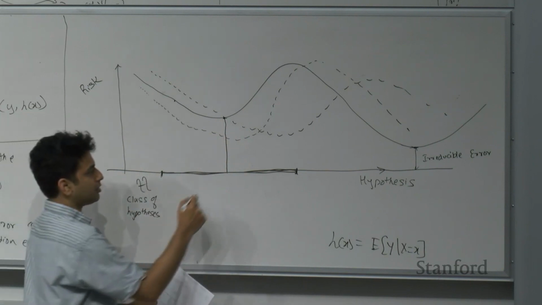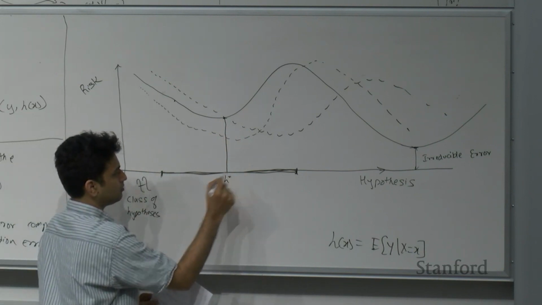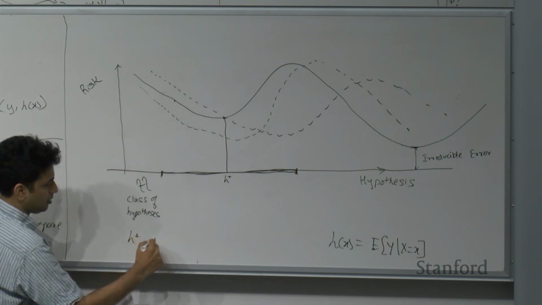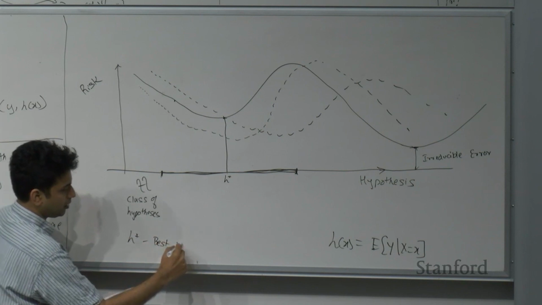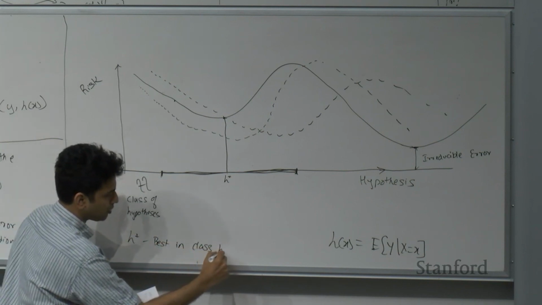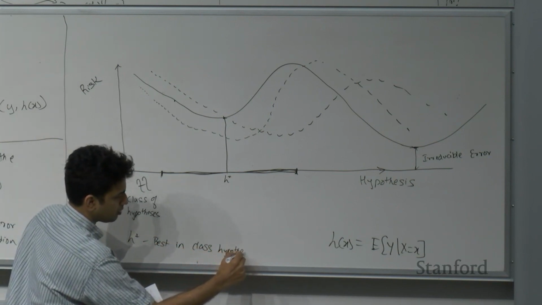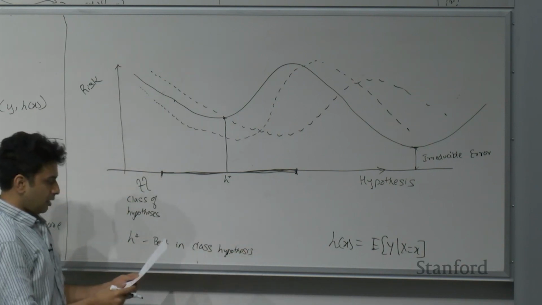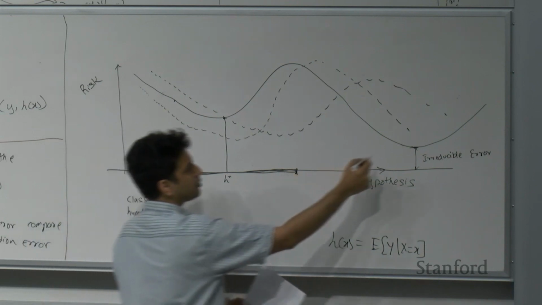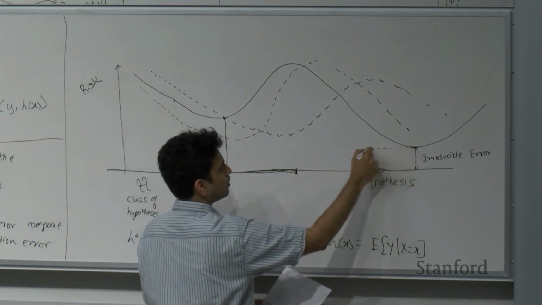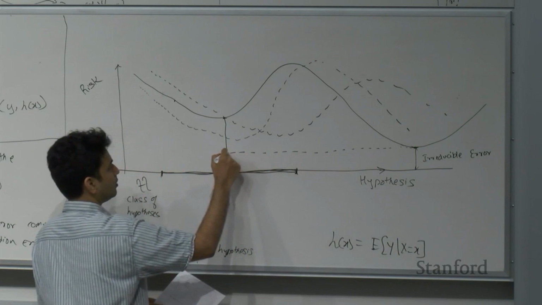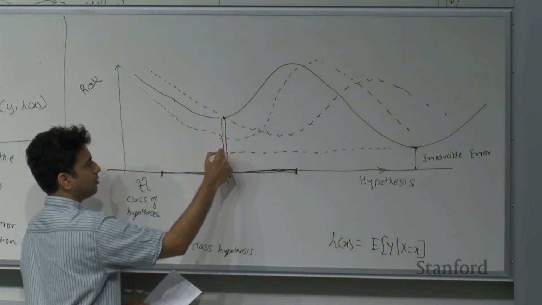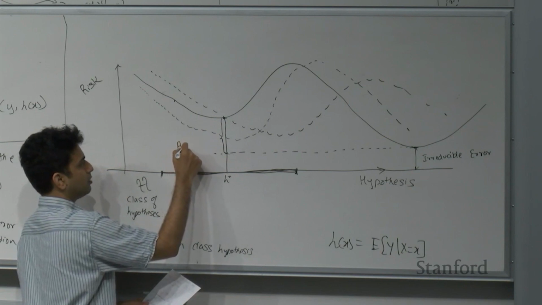So let's call this H star, where H star is the best in class hypothesis. And the difference between the two, this gap, is called the approximation error.